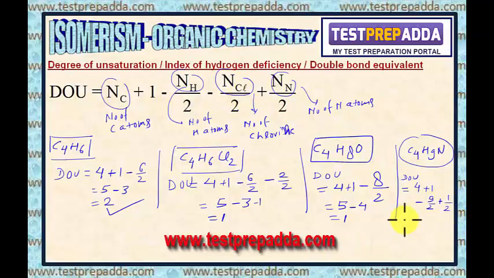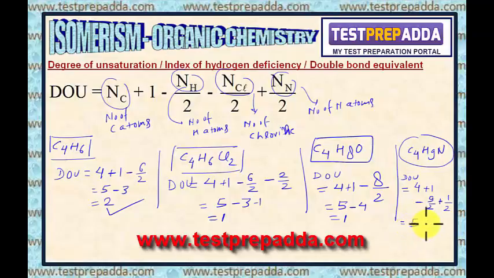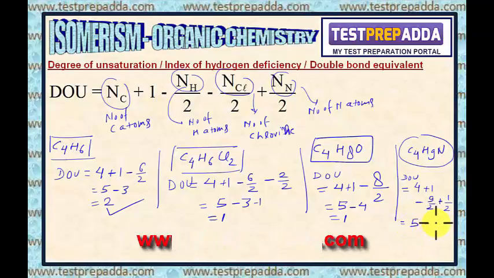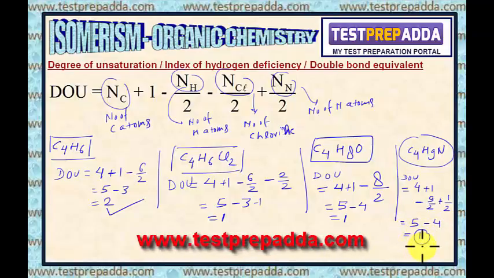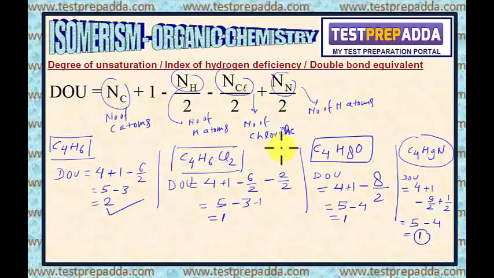It comes as 5 minus 4, and that is 1. So degree of unsaturation in this compound comes as 1.